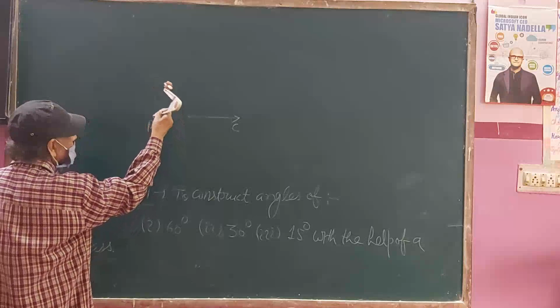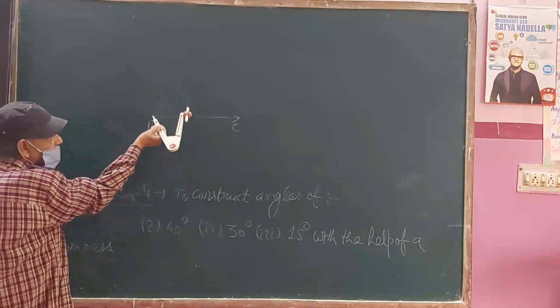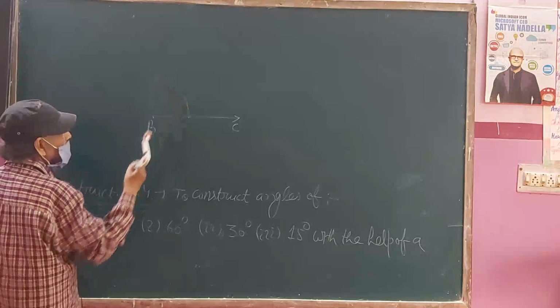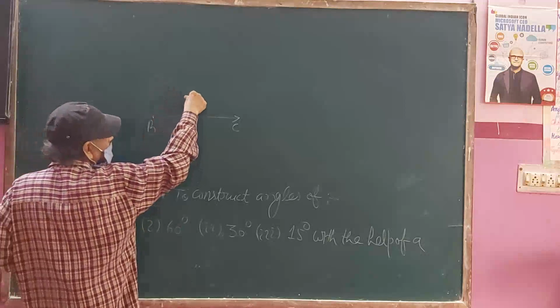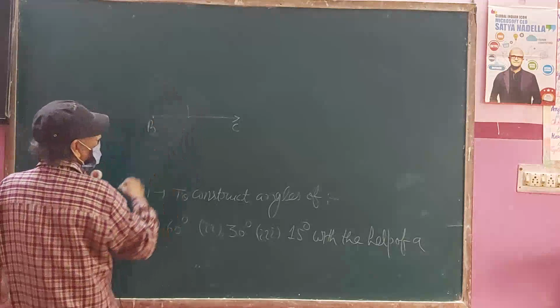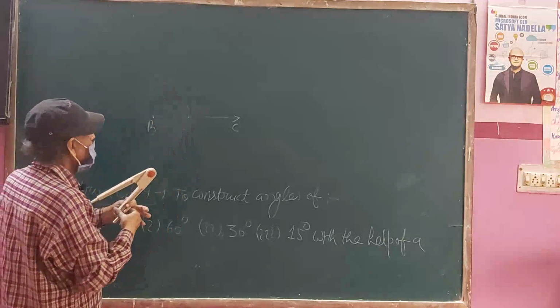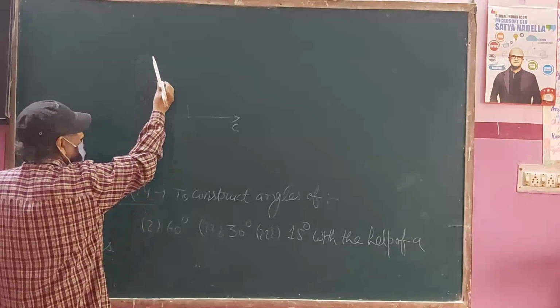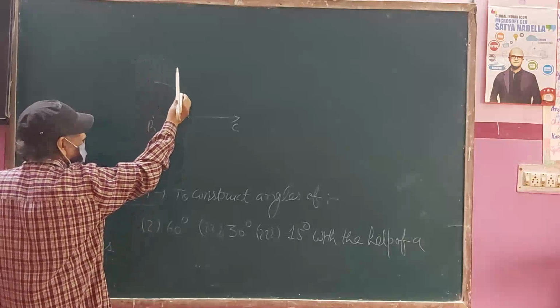Slightly, I think it is visible to you. Actually, its position gets disturbed. Now I think it is visible to you. I am doing it in this way. I think it is now visible to you.